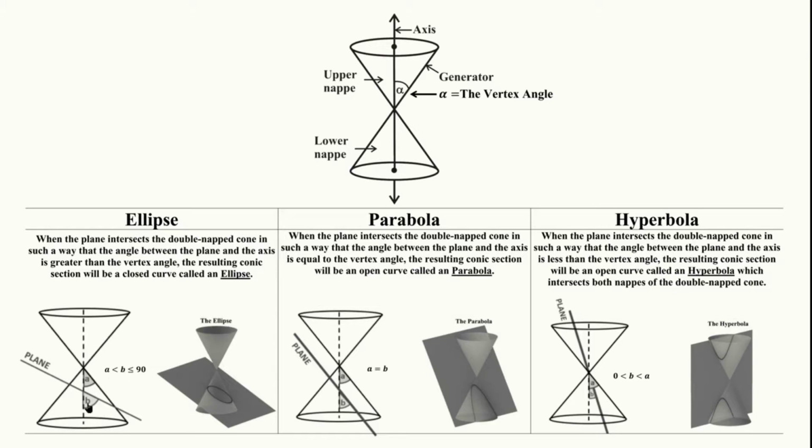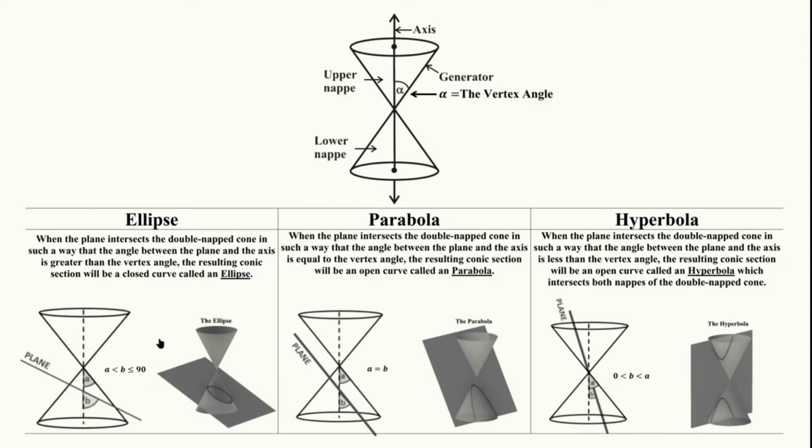But if the angle of the cut is somewhere between the angle of the vertex for the double-napped cone, called the vertex angle, and 90 degrees, then we end up with an ellipse. If the angle of the slicing is exactly the same as the vertex angle, then we get the parabola. And if the angle is less than the vertex angle, but of course greater than 0, we end up with a proper hyperbola.